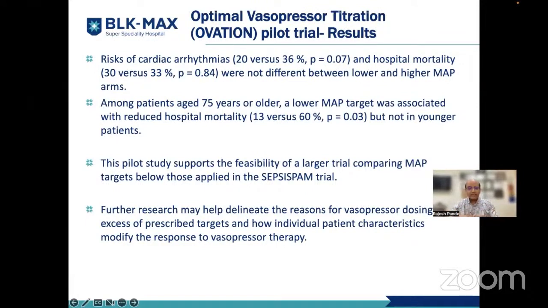And they also say that further research may help delineate the reasons for vasopressor dosing in excess of prescribed targets and how individual patient characteristics modify the response to vasopressor therapy. That means we are still not sure whether it should be age-based, or it should be individualized, or it should be one single value of 65, because we found less is also good and more is also good.